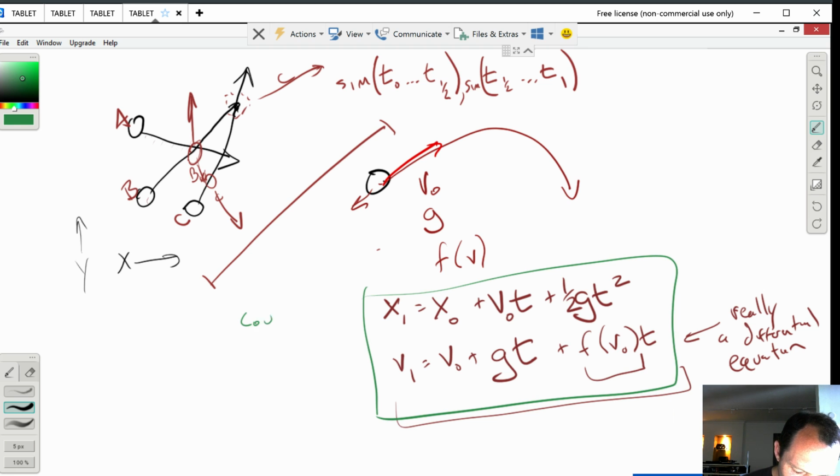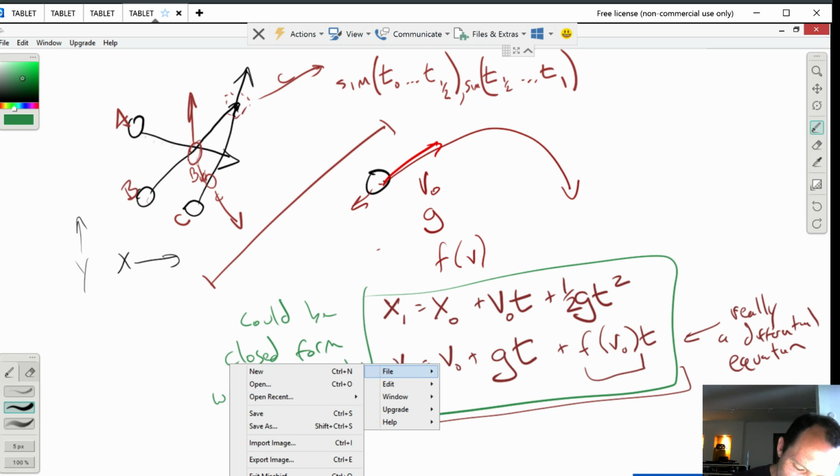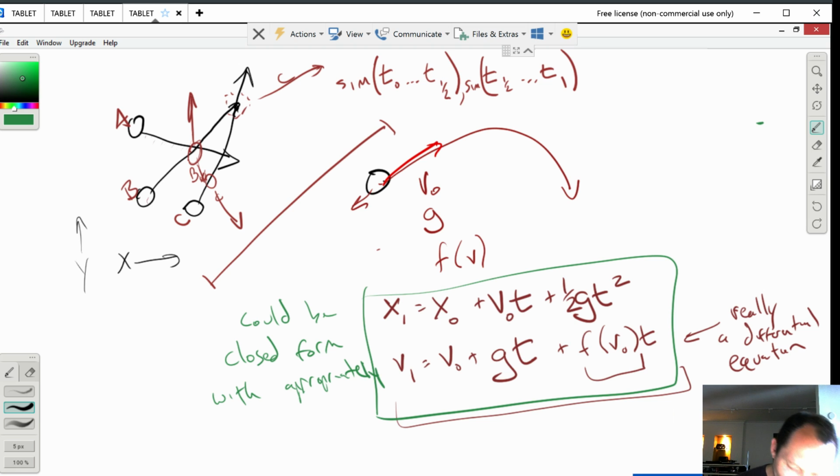The interesting thing to say about this, though, is all of this could be closed form with appropriately chosen equations.